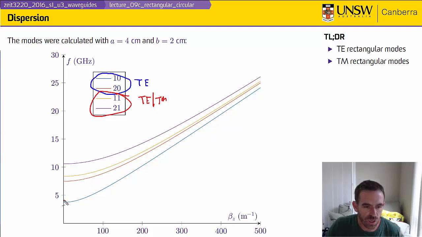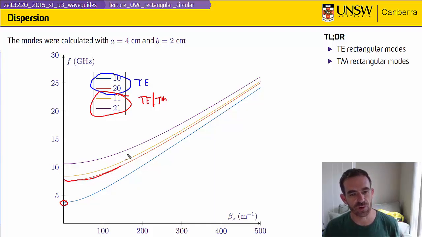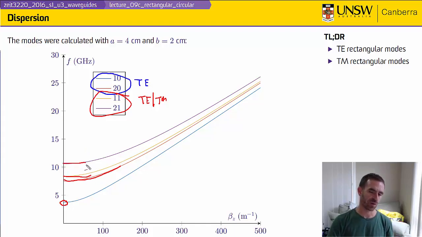But we see that the lowest cutoff frequency is here, and it corresponds to the TE10 mode. And then there's the TE20 mode, which has a higher cutoff frequency. The TM and TE11 modes have a slightly higher cutoff frequency. The TE and TM21 modes have a slightly higher cutoff frequency.